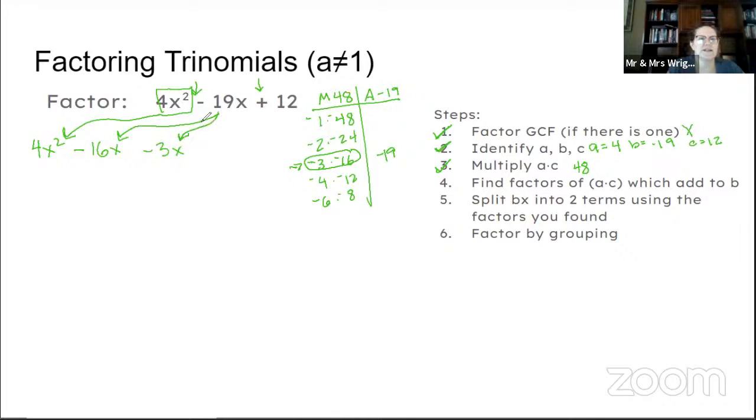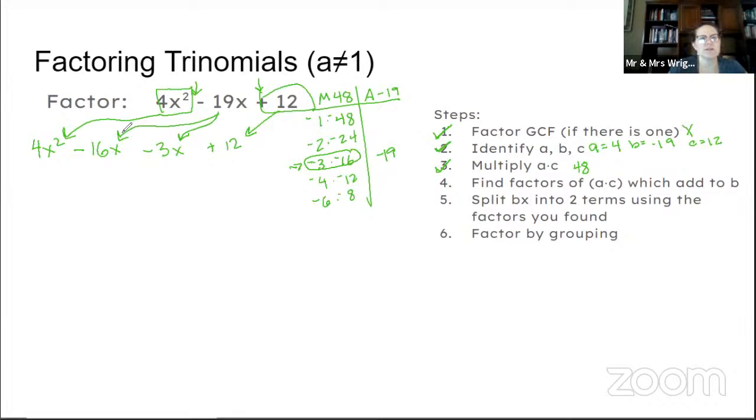So you can see that 19 got split up into two terms. And then I'm going to have plus 12 at the end right here. That stayed exactly the same. So I've used all three terms and I've split my middle term into two terms. But if you notice, negative 16 and negative 3 make negative 19. So it's still the same equation, just written a little bit differently.